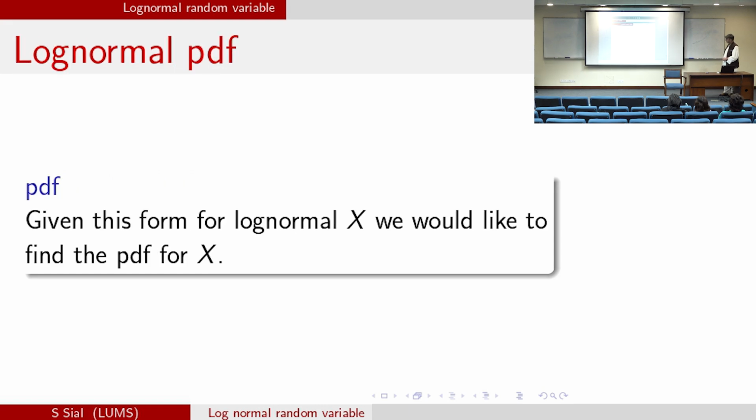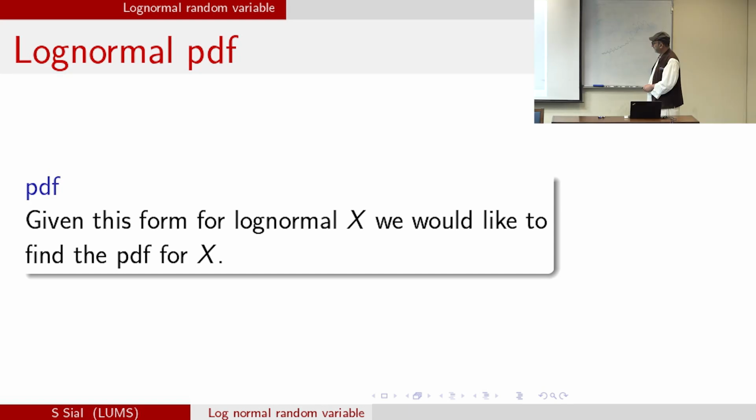Okay, so we know that the logarithm of x is a random variable with expectation mu and standard deviation sigma. We know what the PDF for the logarithm of x is, let's say. But what's the PDF for x itself?